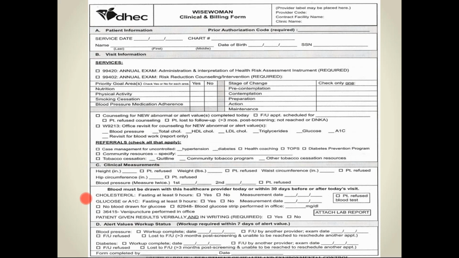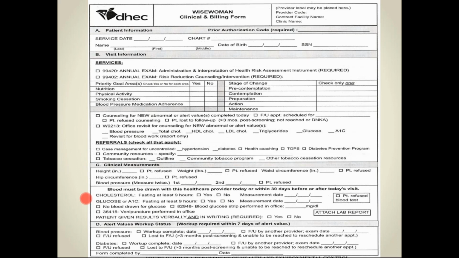This is what is on our fee schedule. So we need to know whether or not the patient is fasting. If a patient goes in and just does the total cholesterol, the HDL, or the glucose or A1C, it does not matter whether they're fasting or not, that will be paid. But as far as the full lipid panel, we definitely need to know if that patient was fasting or not.